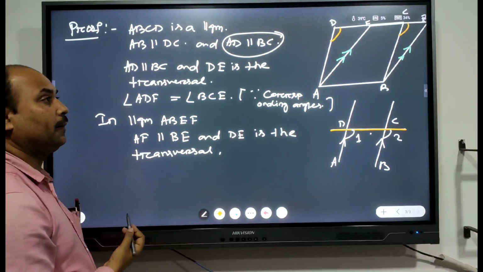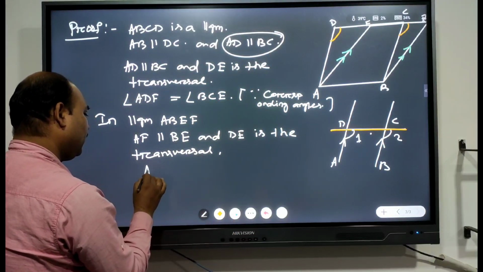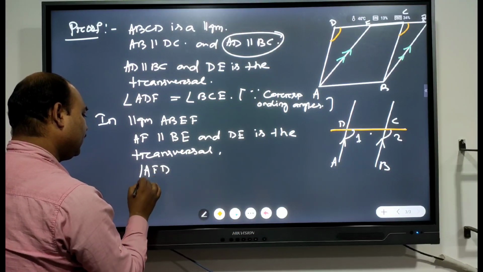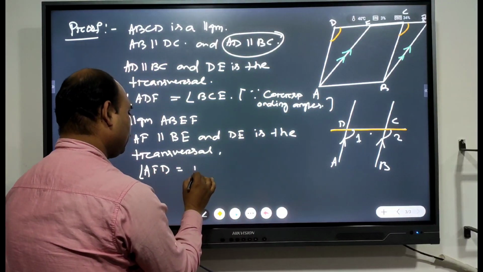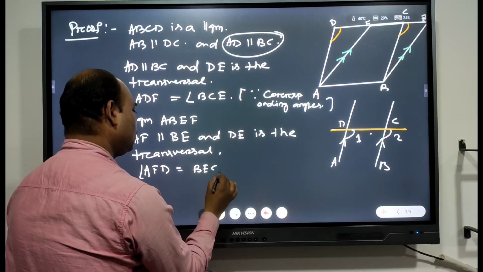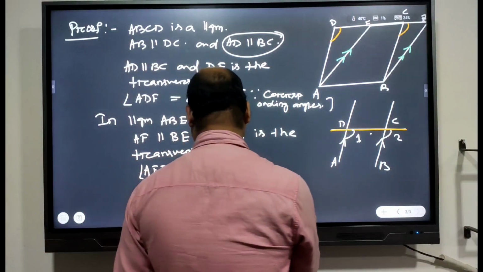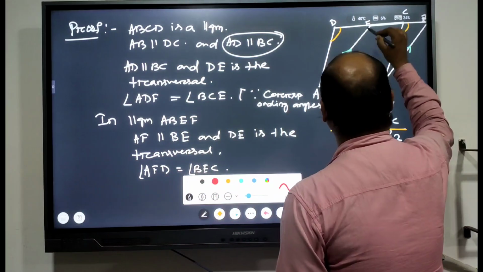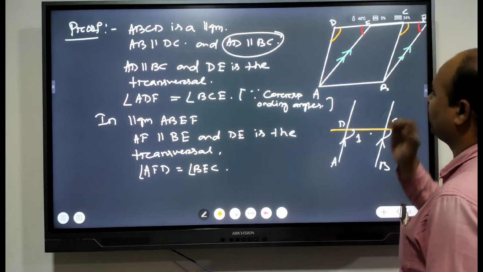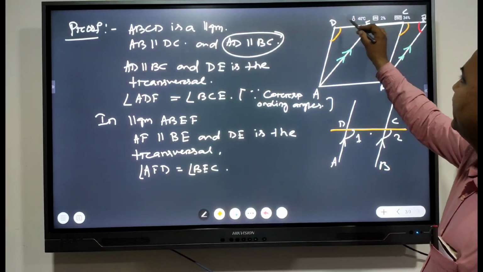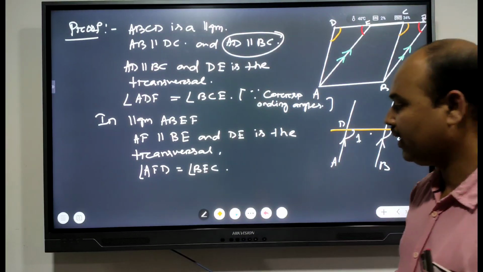Then what will you get? You get that AFD angle is equal to BEC angle. AFD, this angle and this angle, these two angles are equal. Why equal?